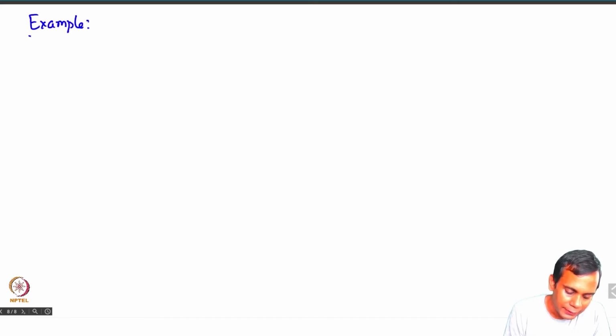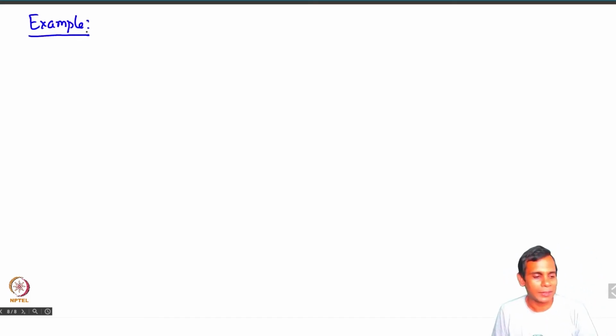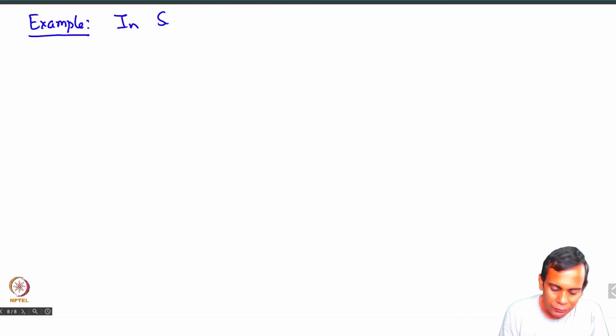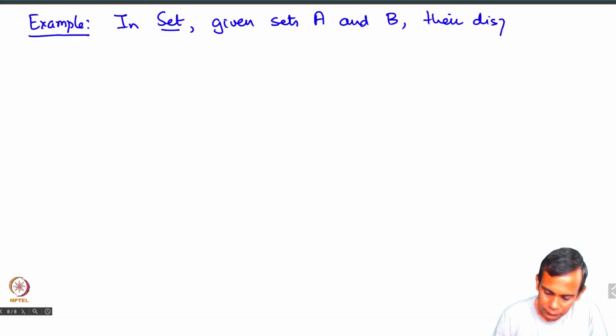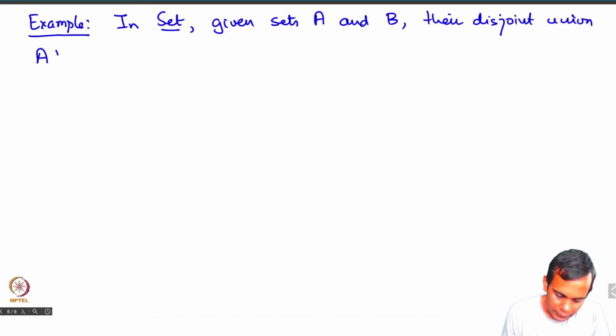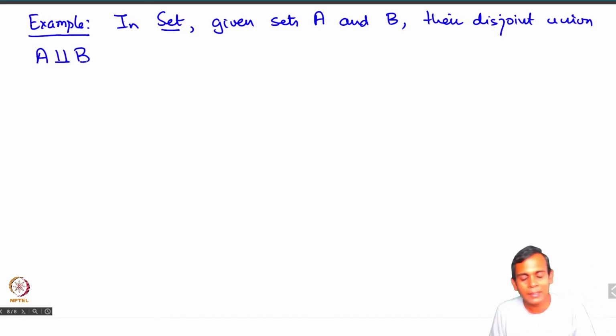Let me give you an example of coproducts. Pretty much for everything in category theory, we try to see what happens with the category of sets. So in the category of sets, given sets A and B, their disjoint union, A disjoint union B. That means you take A and B, even if you have common elements in these sets, you treat the common elements as different elements.